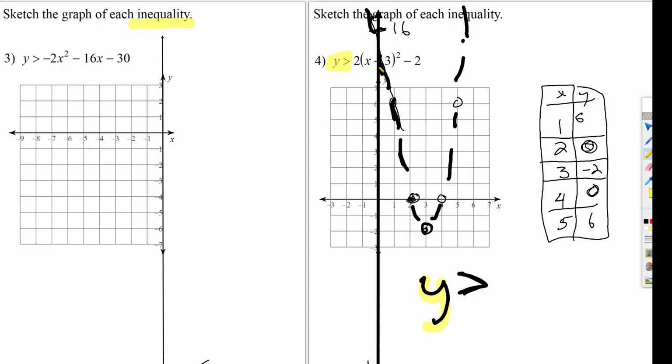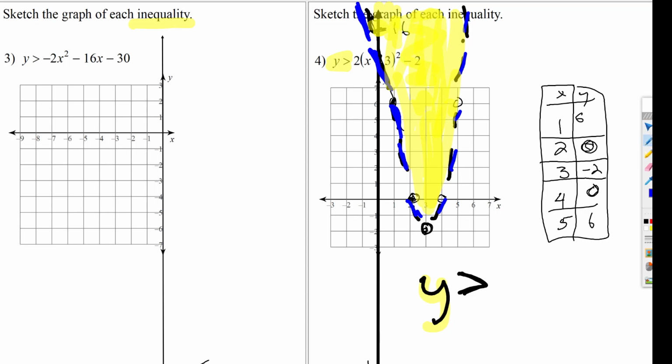So right here on the y-axis, right up there at 16, remember this is a dashed line that's doing this. So when we go greater than 16, notice that falls inside, so you shade everywhere on the inside of the parabola. And that's the answer. The shaded part is the answer.